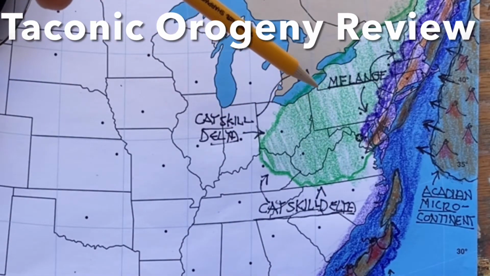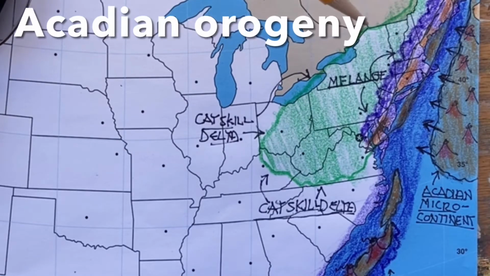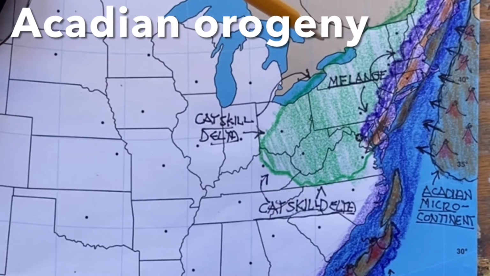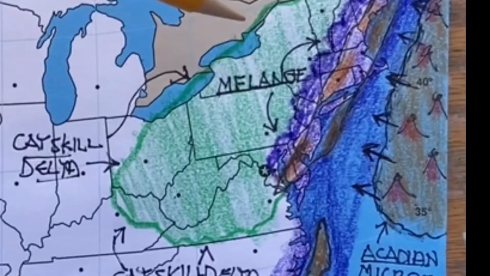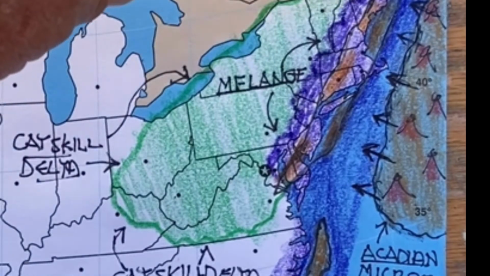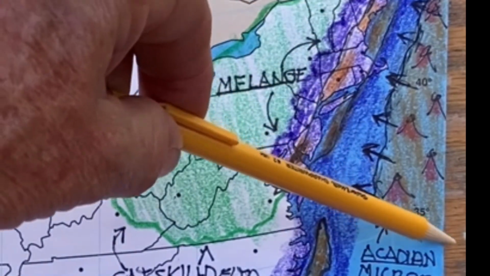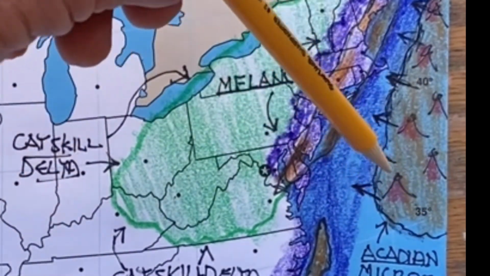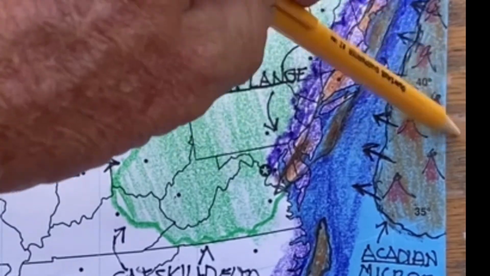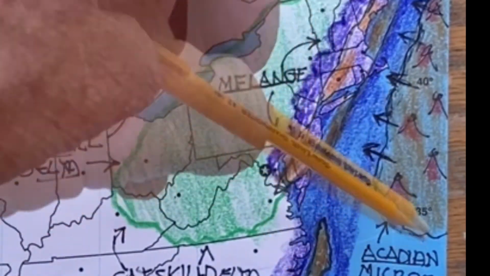Okay, now let's switch to the Acadian orogeny, the Acadian mountain building event, which occurred during Devonian time, which was 400 million years ago to 350 million years ago. Here is what's called the Acadian microcontinent. It wasn't an island arc, it was much bigger than an island arc, and I ran out of room to draw it over here, but it was quite large. It was a small continent size.